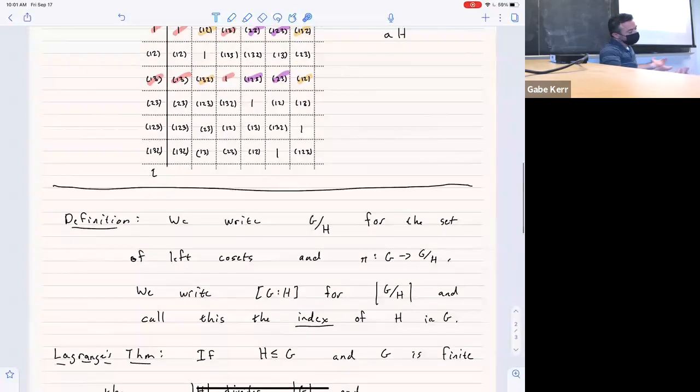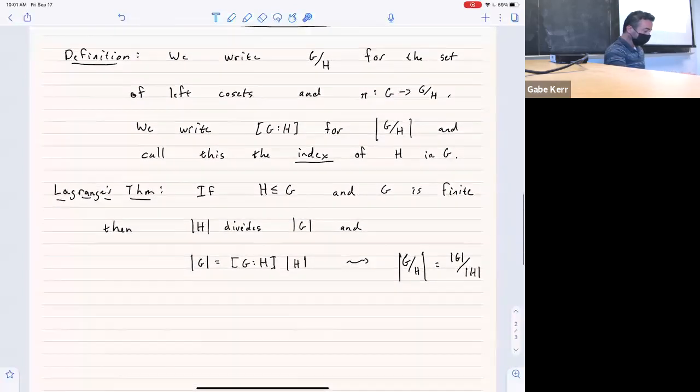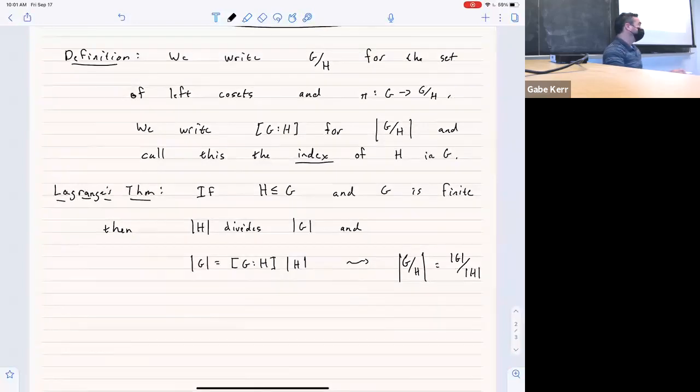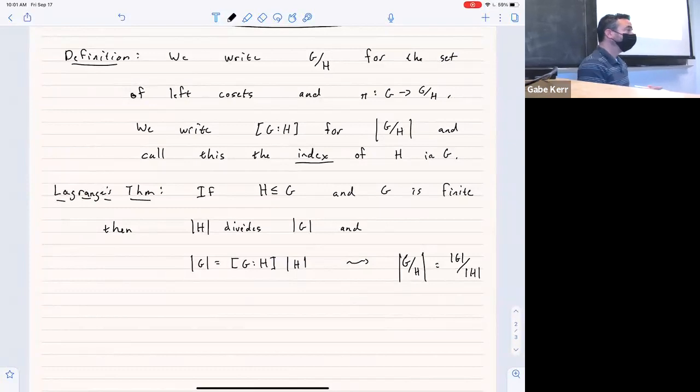It's this notation because it's meant to agree with other notation that you encounter in Galois theory. It's the actual set, so the index is a number. Is it like left cosets of the form aH? Yes, left cosets of H, I'm fixing the subgroup H. That makes a lot more sense.